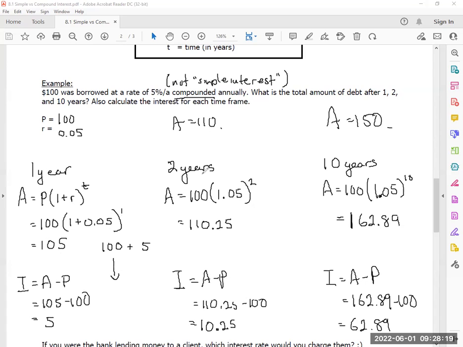So for the $100, you gain 5%. What is 5% of $100? You gain another $5. But you also have the $5 in there already. So what's 5% of $5? 25 cents. That's why you're earning an extra 25 cents.